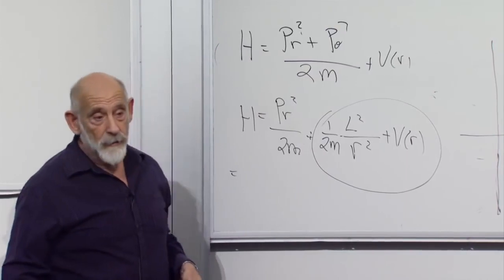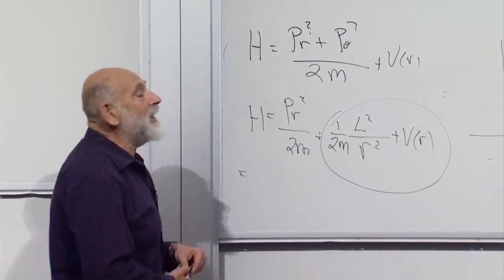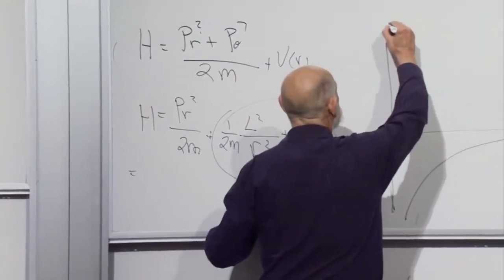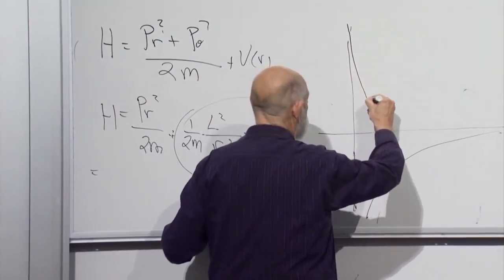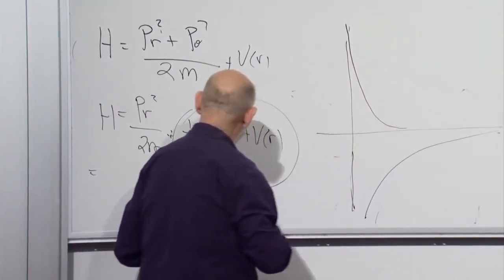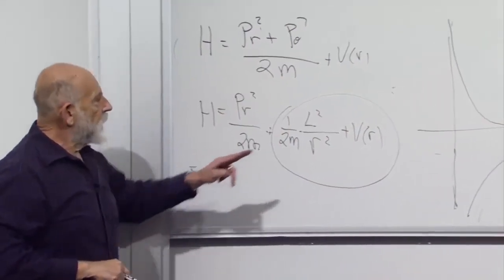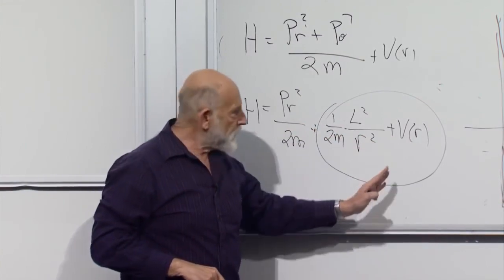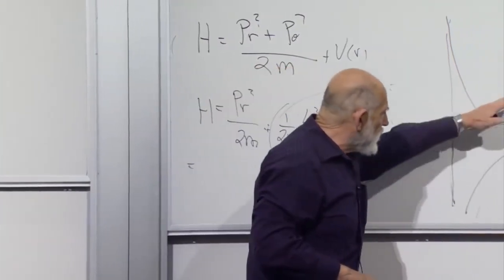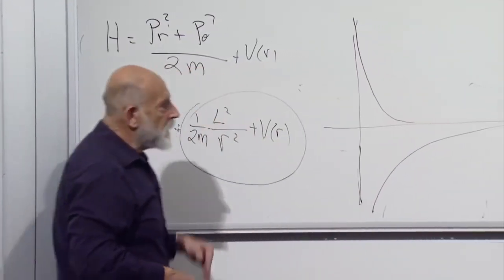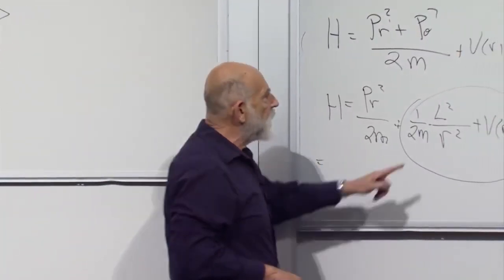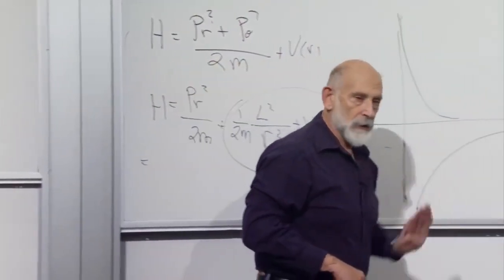Well, for any L except L equals 0, it's going to blow up at the origin like 1 over r squared and then fall quickly to 0. In fact, if V of r is the Coulomb potential, it goes like 1 over r. It falls more slowly than the centrifugal barrier. The centrifugal barrier falls very quickly to 0, 1 over r squared, and V of r a little more slowly.